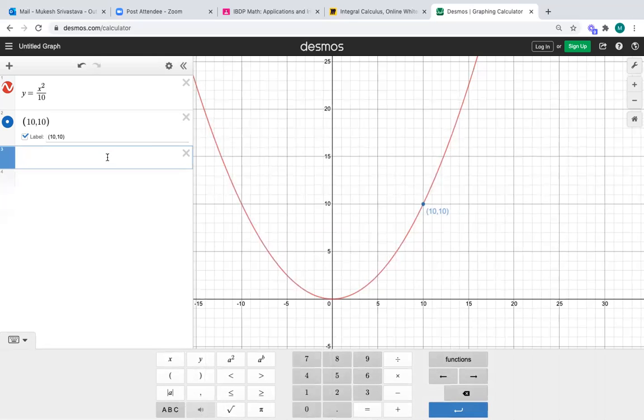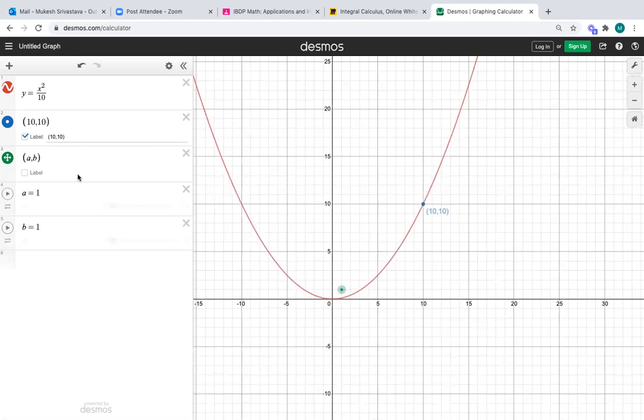This is the dynamic point, I call it A comma B. Now what I can do is move this A comma B on this curve.